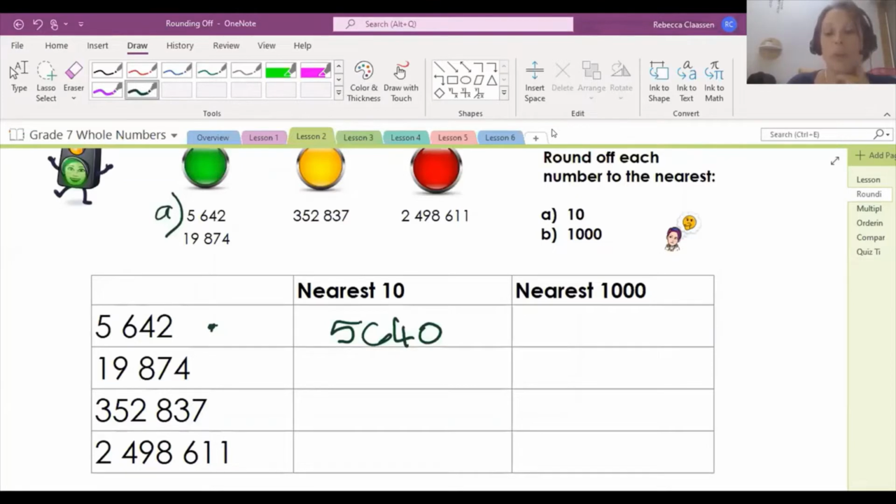Okay, so now remember, what are we rounding off to? We're rounding off to the nearest 1,000. Oh, it's 1,000. Okay, so easy mistake to make. So it's reading questions really carefully. So 5,642 rounded off to the nearest 1,000 is actually what? It's 6,000, ma'am. 6,000. Awesome.